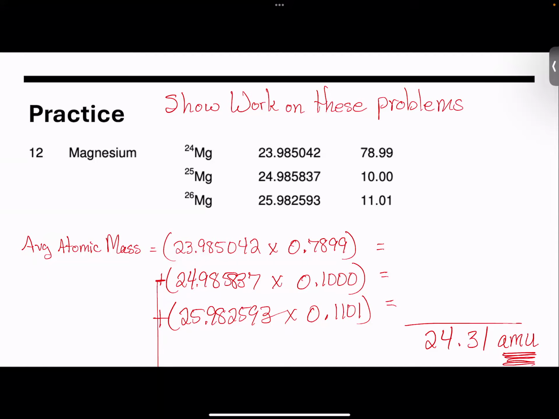The reason for that is, where is this number? It's on the periodic table. I need to know, do you know how to calculate it? Not just where to find it. So you have to show your work. Now, on the others, I said you should show your work.